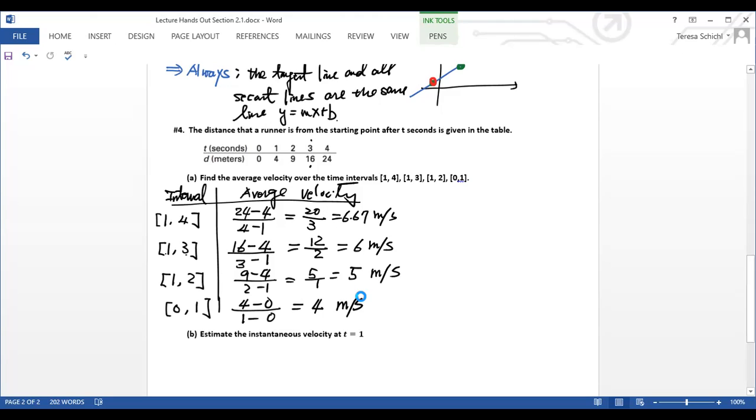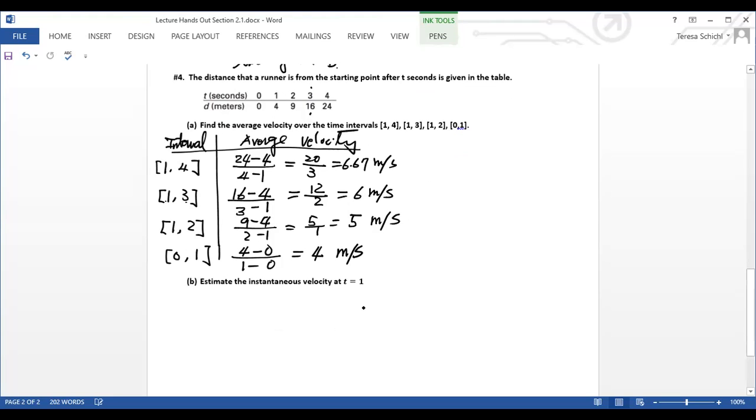So the next thing is, let's try to estimate the instantaneous velocity at t equal to 1. I know these two intervals give us the average velocities of 5 and 4, and they both have t equal to 1 as an endpoint.